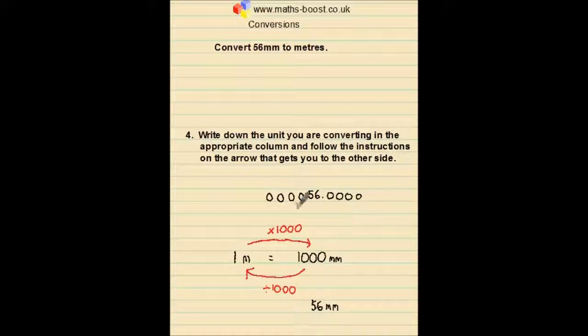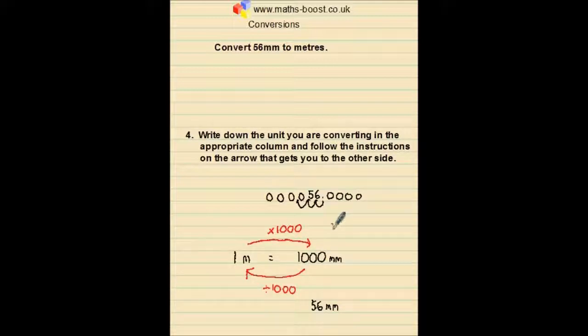Now, I'm going to cheat, and rather than move the figures 3 place values, I'm going to move the decimal point 3 places. Now this is a cheat, but it's just convenient. So the decimal place should go here. When you're making the number smaller, the decimal place is always going to move to the left.